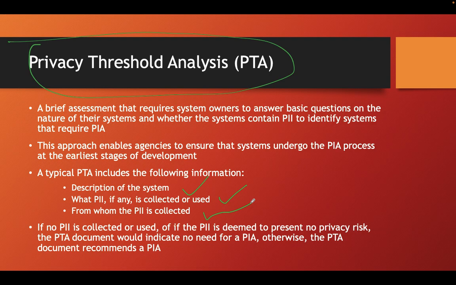So we have to know the description of your system, what PII you have collected, and who you collected this PII from. These are the privacy threshold analysis parameters that we consider.